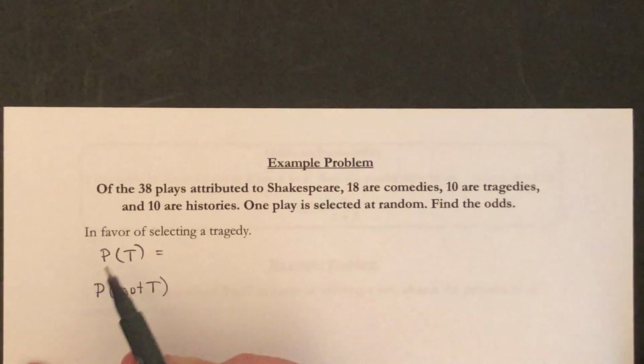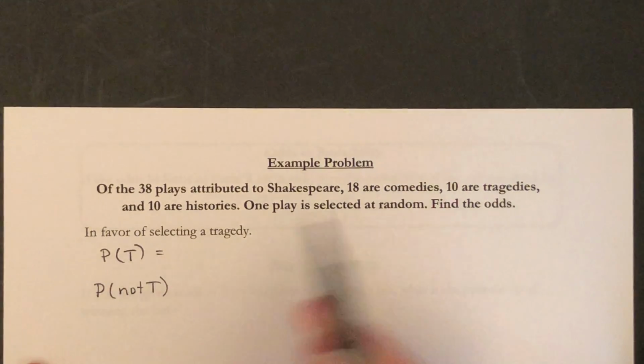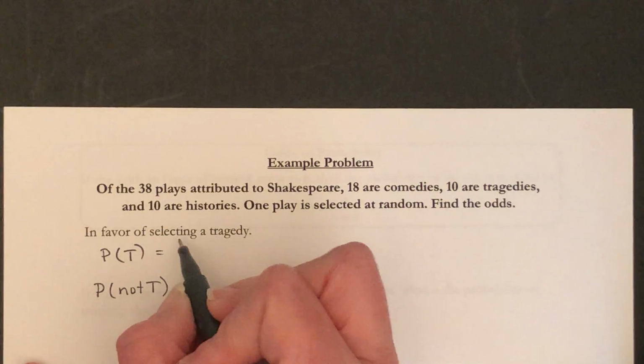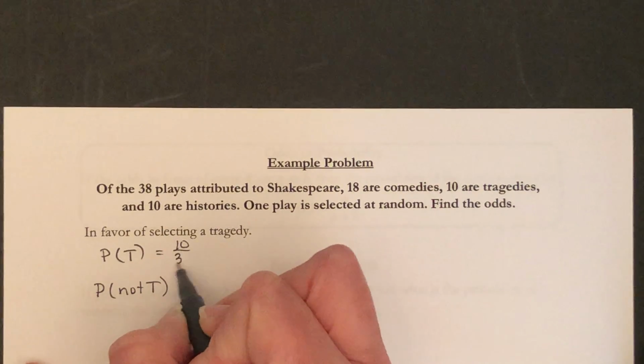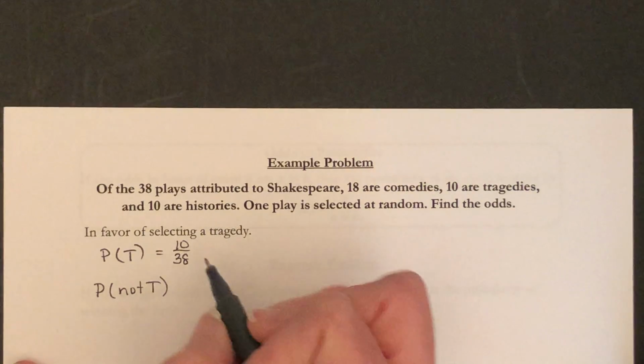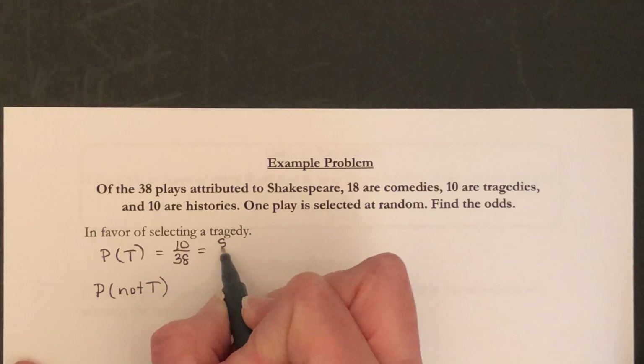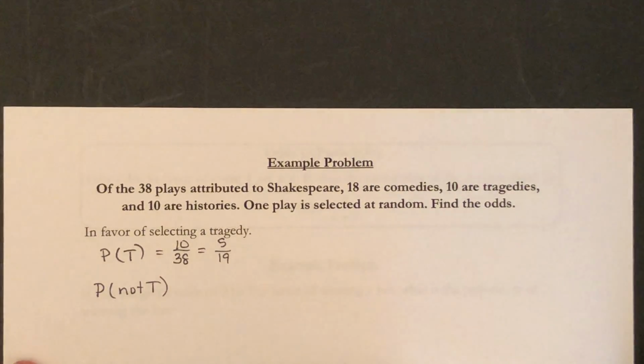The probability that a tragedy is chosen is 10 out of 38, and that reduces down to 5 over 19. Now the probability that it's not a tragedy, you can do this two ways.